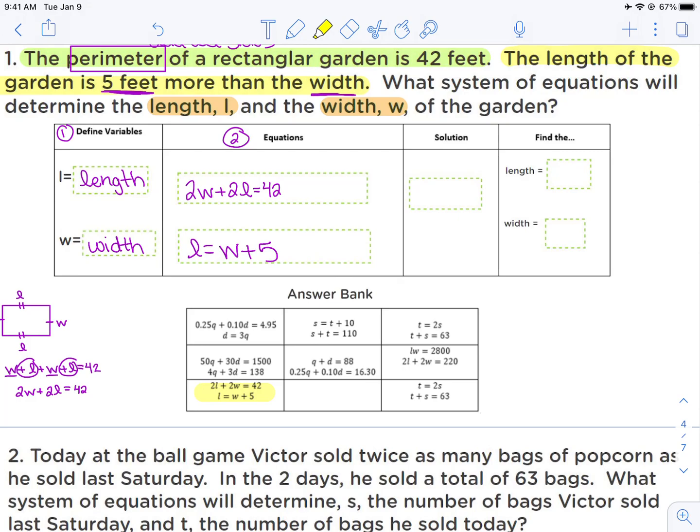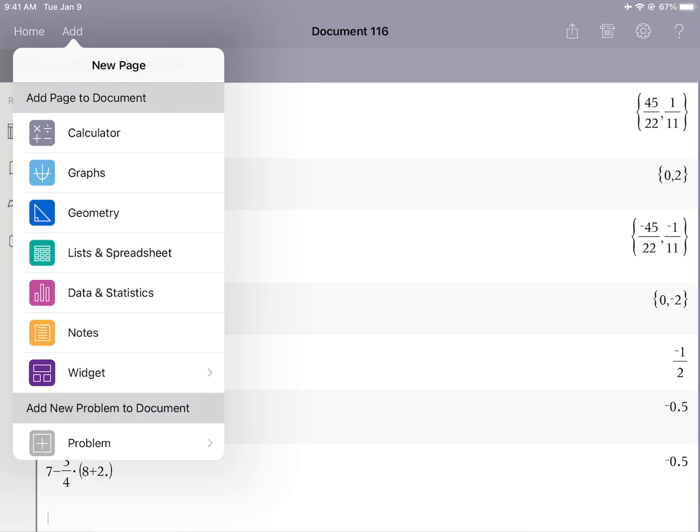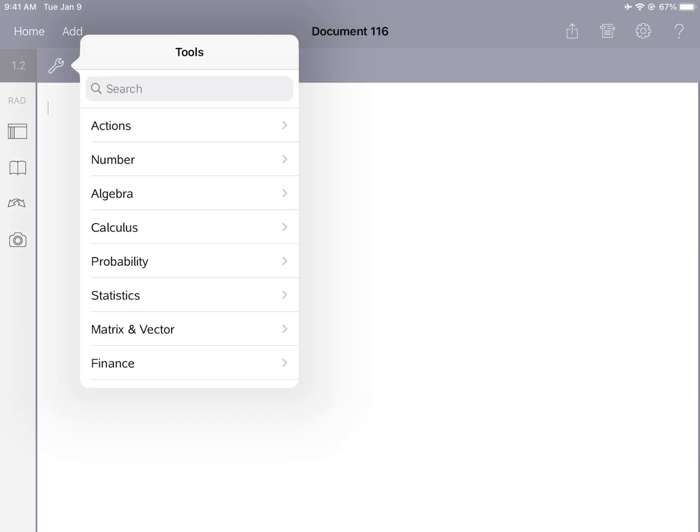Now it comes to solving. So we're going to go to our calculator and solve these. When we solved these earlier on Monday and on Tuesday, we still did the menu number, menu 3-2.